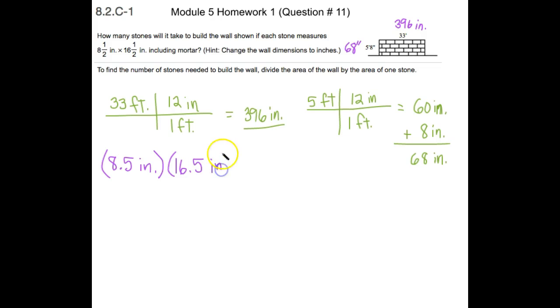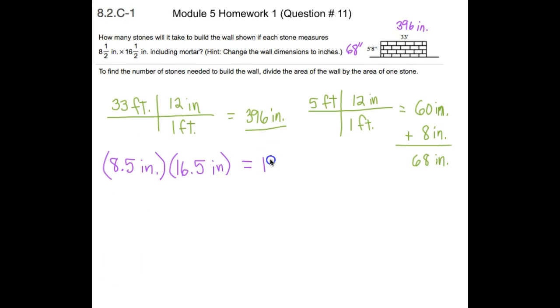But either way, we have our two dimensions multiplied together. And that's going to give us 140.25 square inches that each of those bricks will take up. Or each of those stones, we should say. That sounds a little bit big for a brick, maybe.